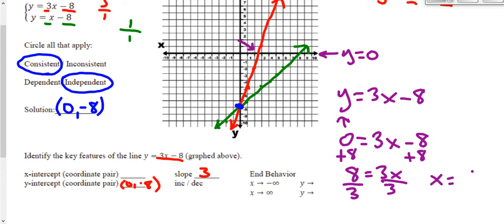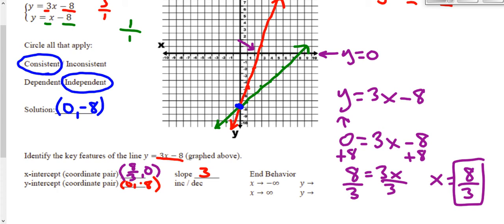X is the number 8/3, but if I type that in the calculator, I think 8 divided by 3 is 2.66 or something like that. So it's somewhere between 2 and 3, which confirms what I see on the graph. So that's the x value I'm looking for in my ordered pair. So this time I know the y value was 0, and this x value was 8 over 3, and I was able to solve for that.